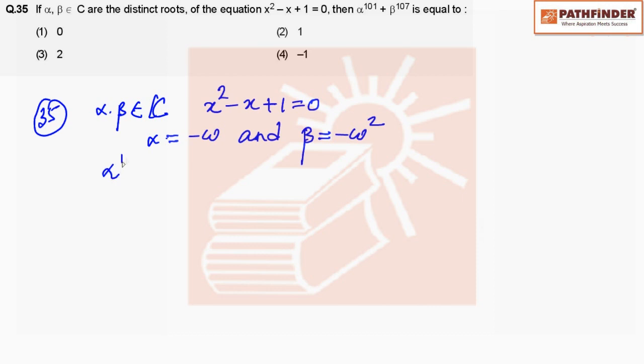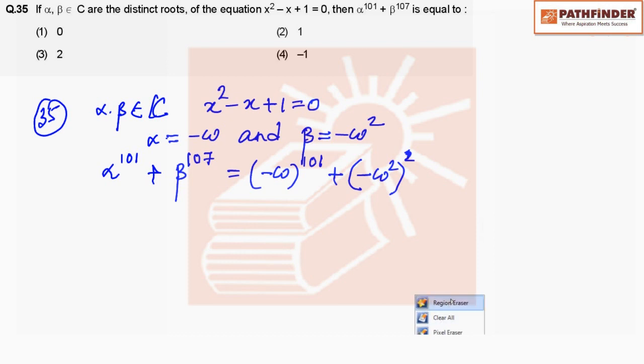So alpha to the power 101 plus beta to the power 107, that means minus omega whole to the power 101 plus minus omega square to the power 107, it implies minus omega to the power 101 plus minus omega to the power 214.